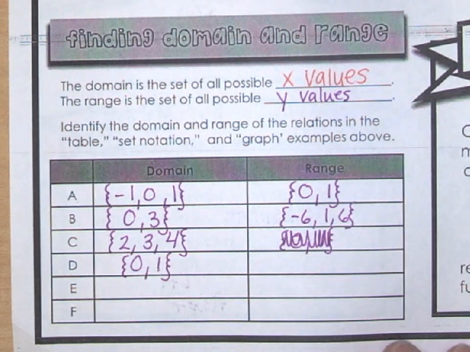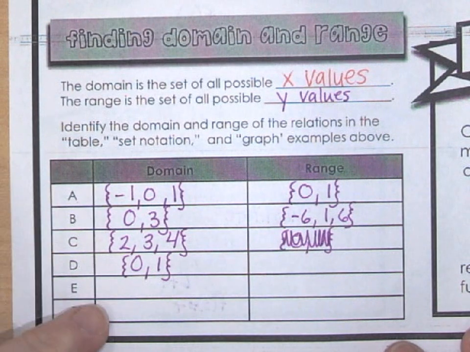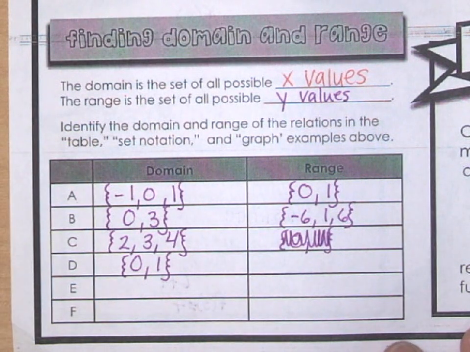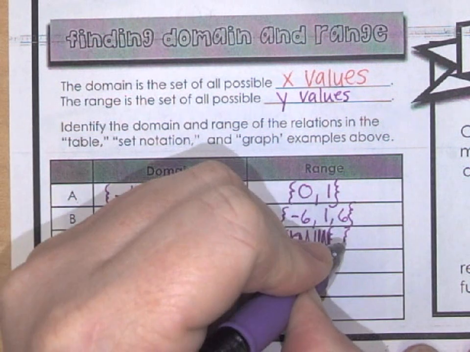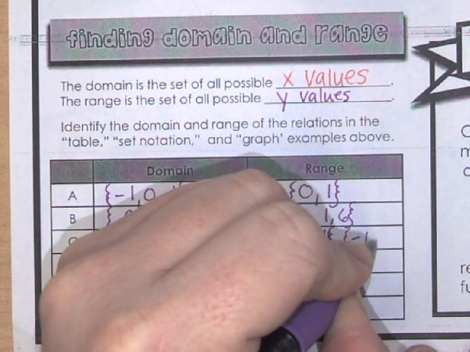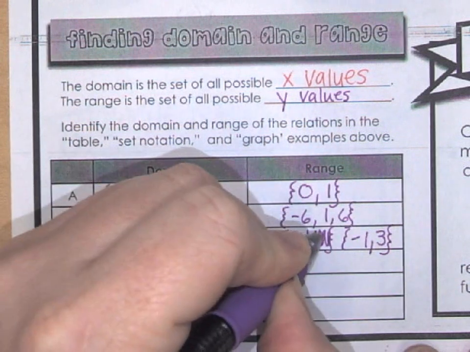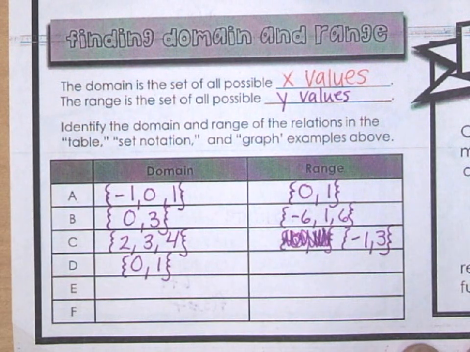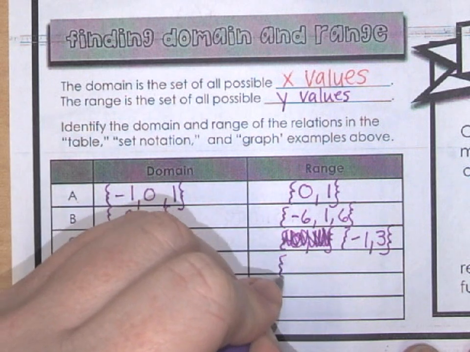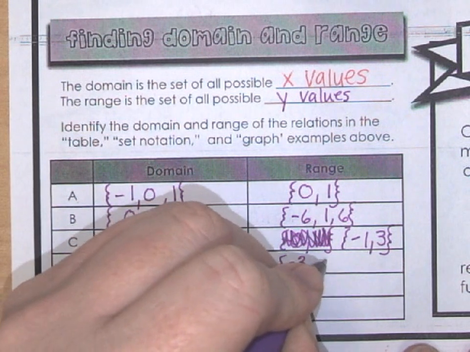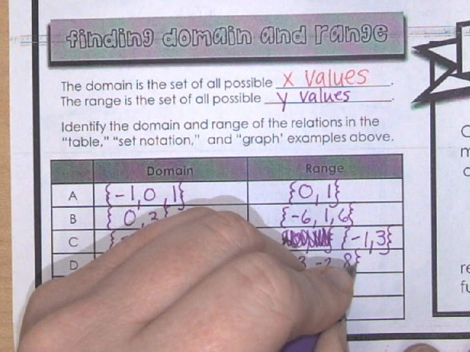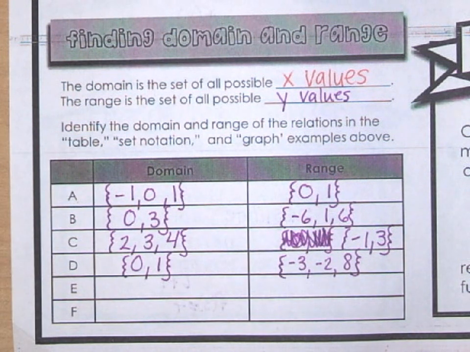So 0, 1 is the domain values for D. My range values are the y values. So for C, that is -1 and 3. And for the D values, I have 8, -2, and -3. So in order from least to greatest, I have this.